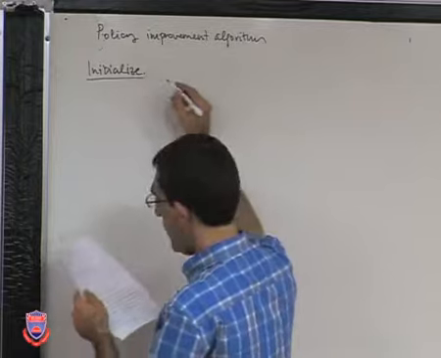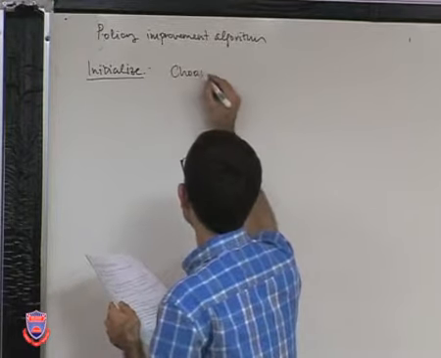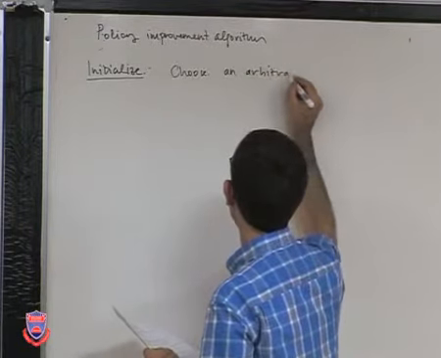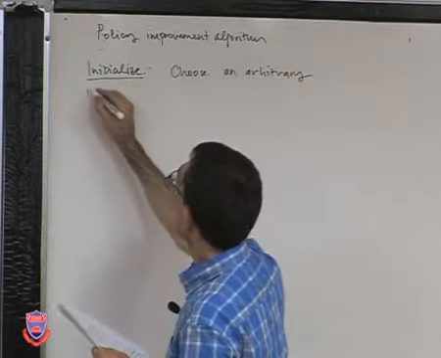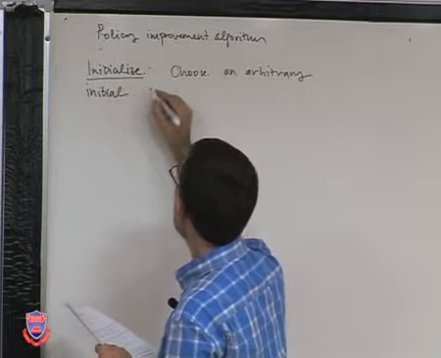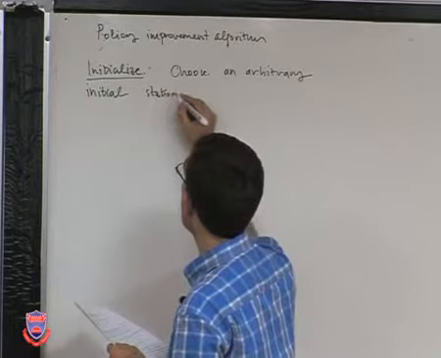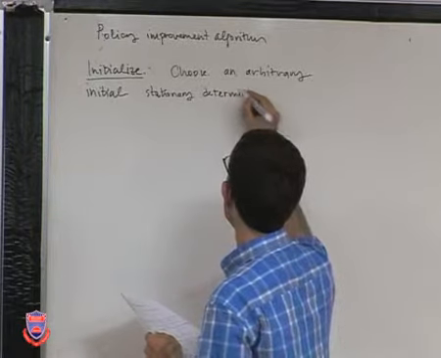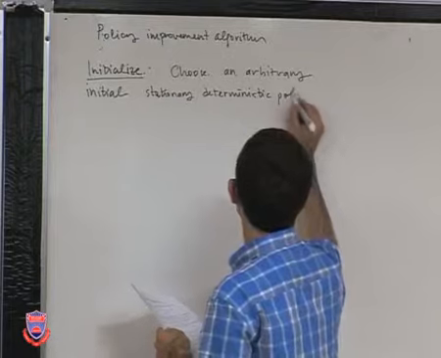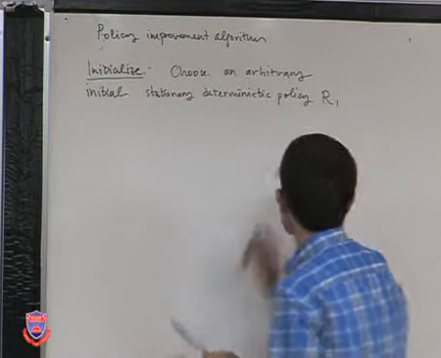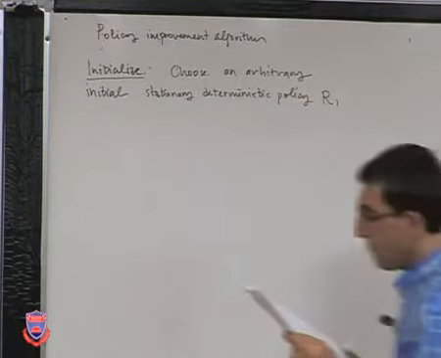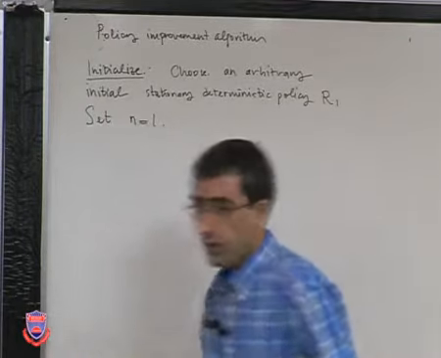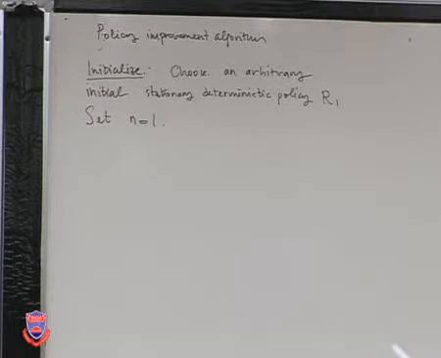So we will initialize by choosing an arbitrary initial stationary deterministic policy, which we will denote by R1, and we will also have a counter n, and initially we set it to 1.